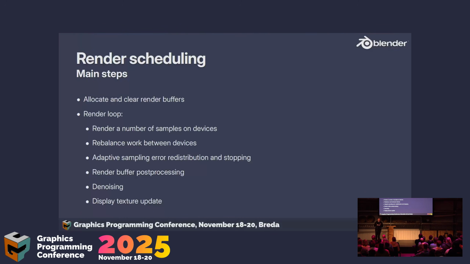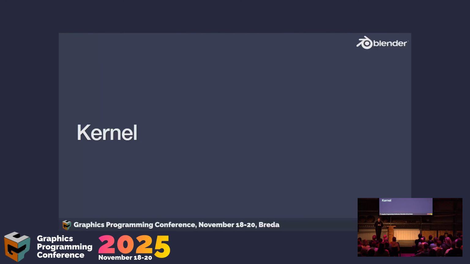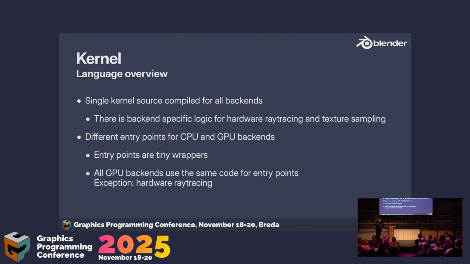Adaptive stopping criteria will be applied and propagated to neighboring pixels to avoid artifacts when we need to put some more work into one pixel. If needed, some render buffer post-processing will be applied. On top of that, denoising will be applied as well, and then the display texture on the GPU side will be updated so it can be displayed in either the viewport or the render window. Nothing really special, because a lot of stuff actually happens in the kernel. So let's dig into the kernel side.